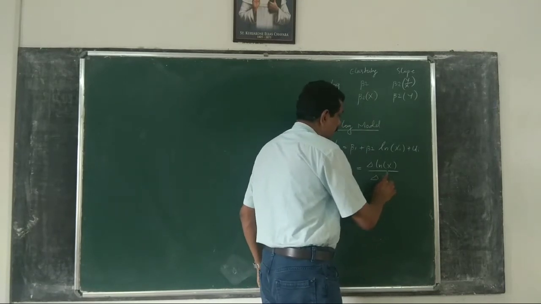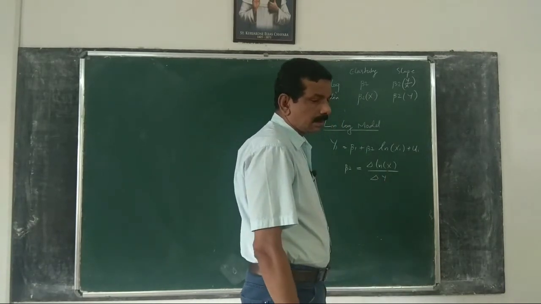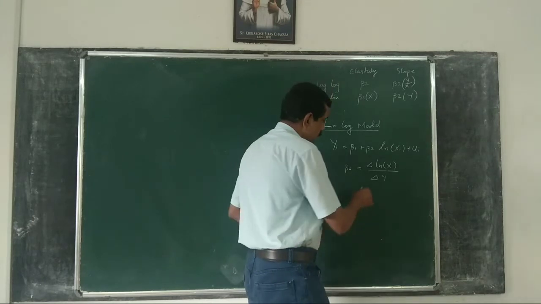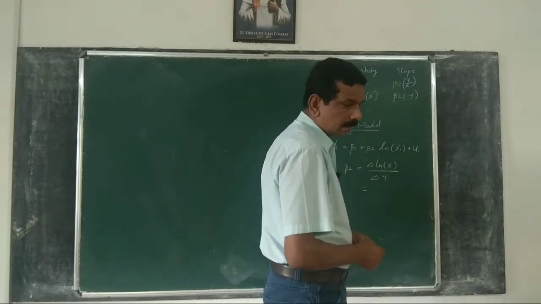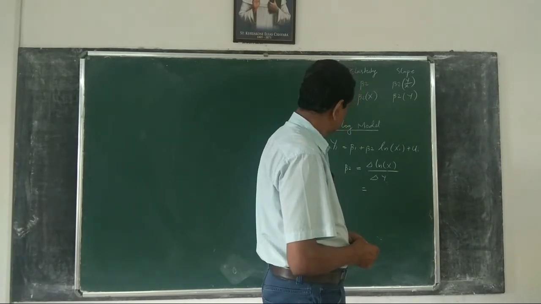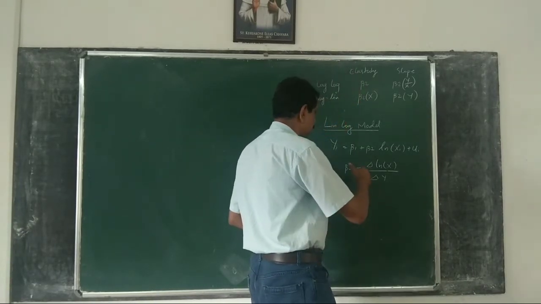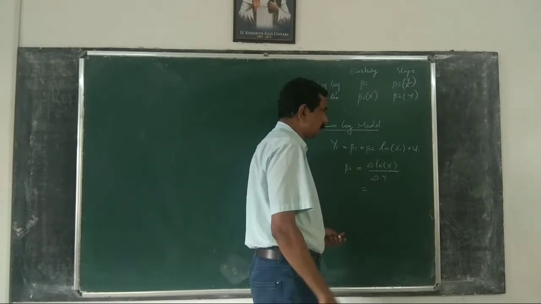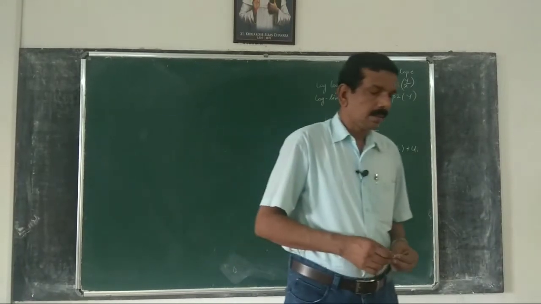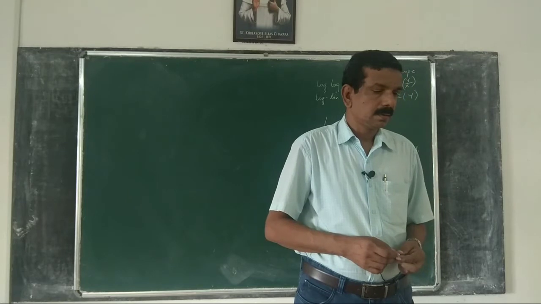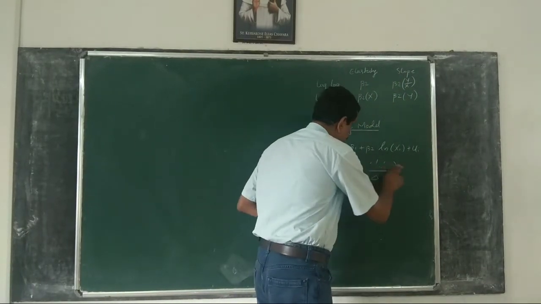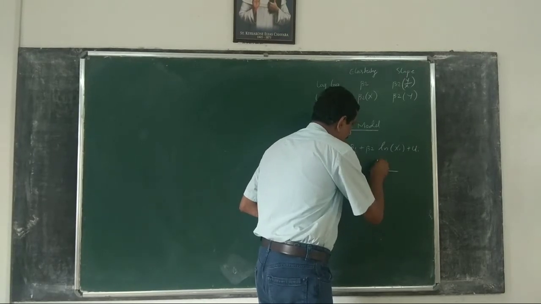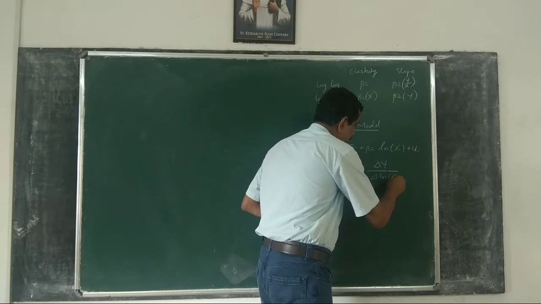That is, y = beta 1 + beta 2 ln x + u, and beta 2 measures delta y by delta ln x.